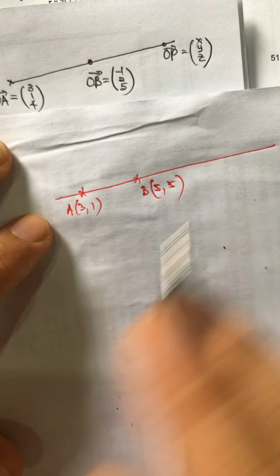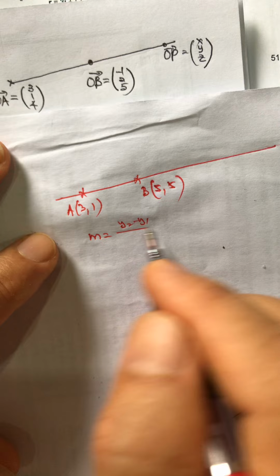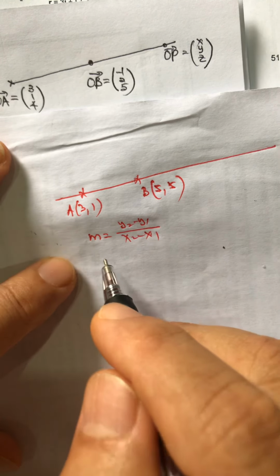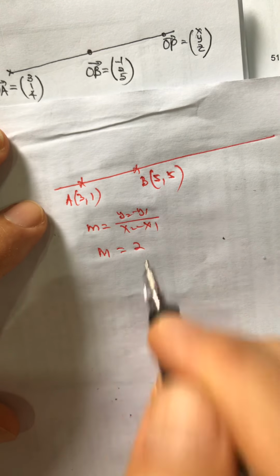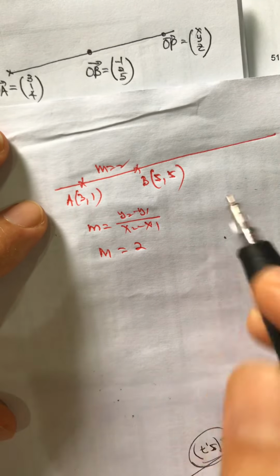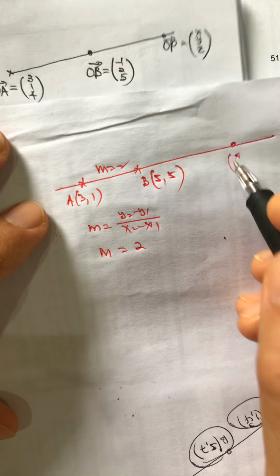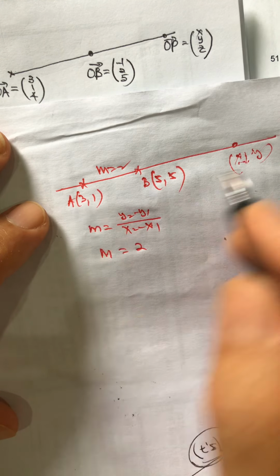So how are you going to find the equation? You find the gradient, y2 minus y1 over x2 minus x1. So your m will be this one minus this one, this one minus this one is 2, isn't it? So the gradient is 2. Then you can find the equation. You just take the point x, y, then you can get the equation. So take any point.